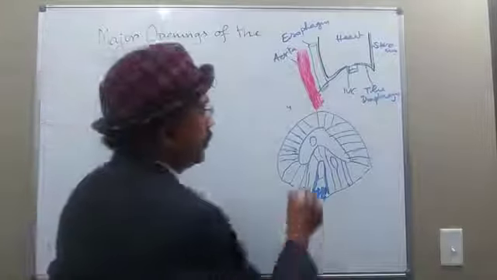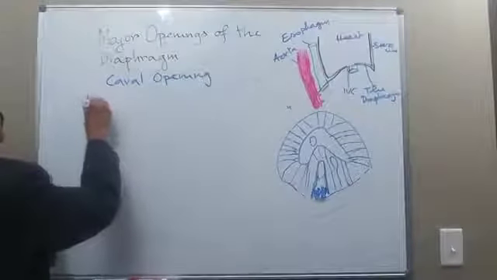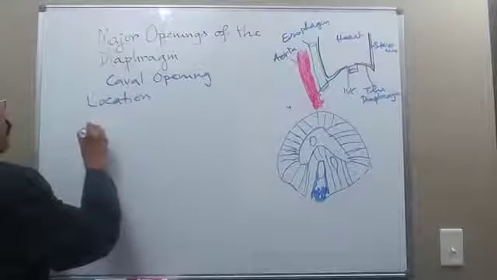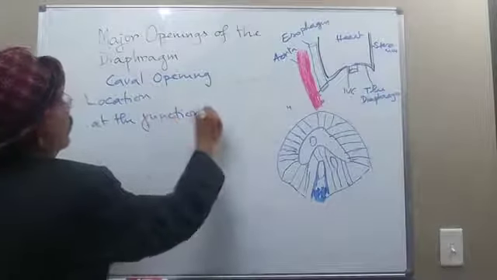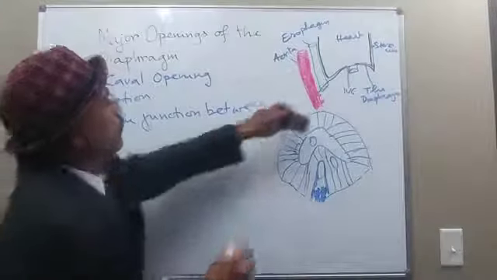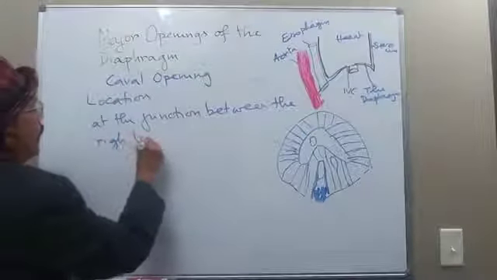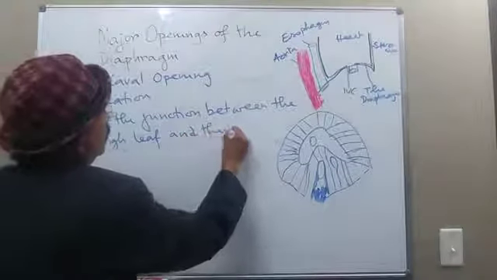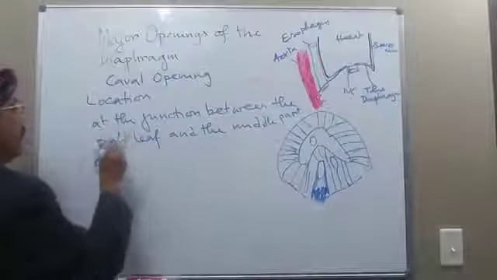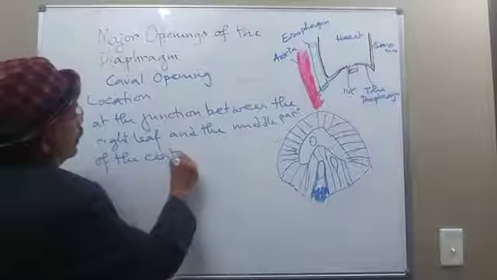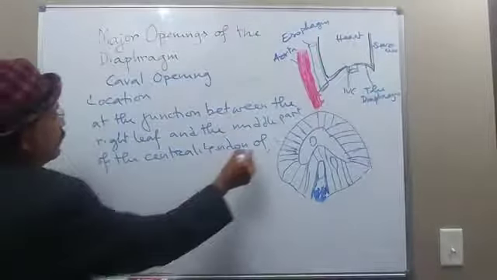It is located at the junction between the right leaf and the middle part of the central tendon of the diaphragm.